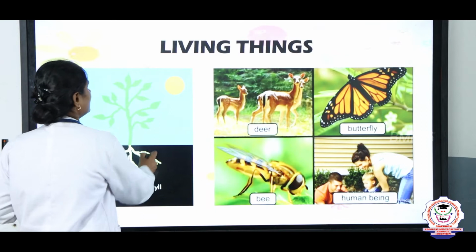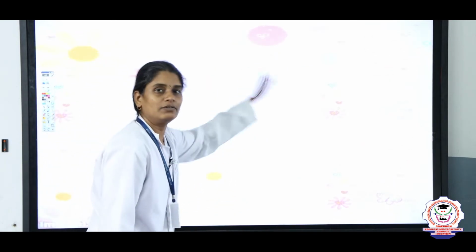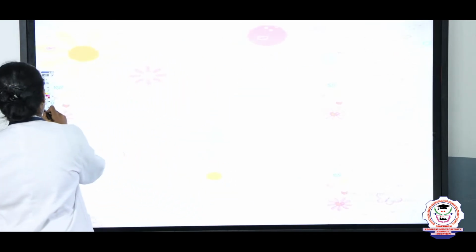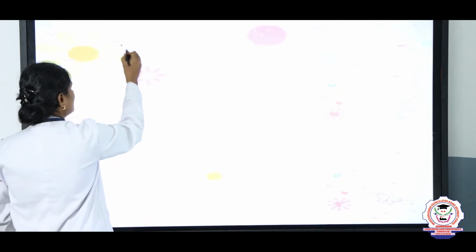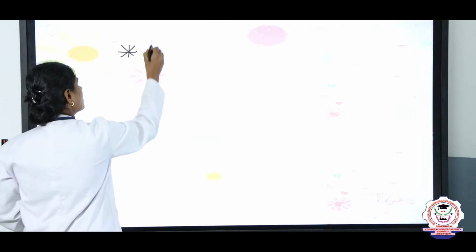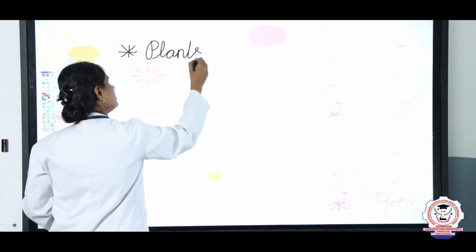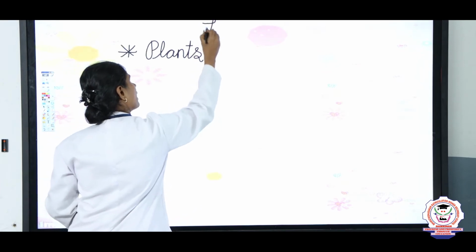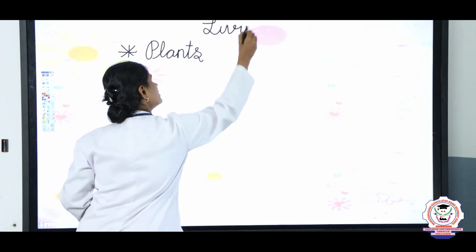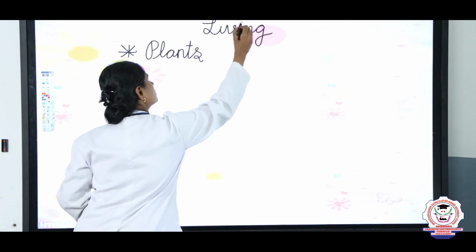Now, let us write what are the living things that we saw. First we saw plants. Plants are living things.